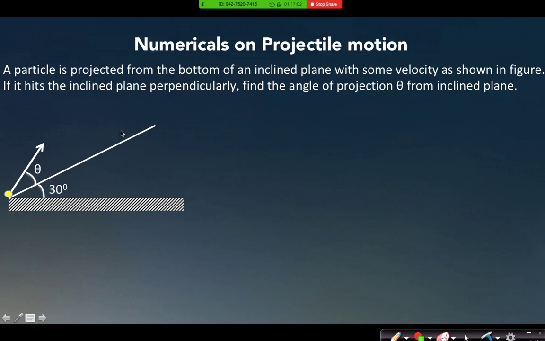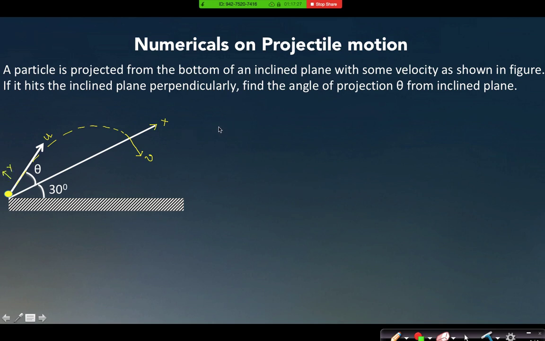Good. So let us assume that this velocity is u, although it is not mentioned in your question, and the particle moves in this path. Finally, it hits the inclined plane with a velocity that is perpendicular to the plane. Let us assume this velocity is v, and let us assume this to be my x-axis, this to be my y-axis.